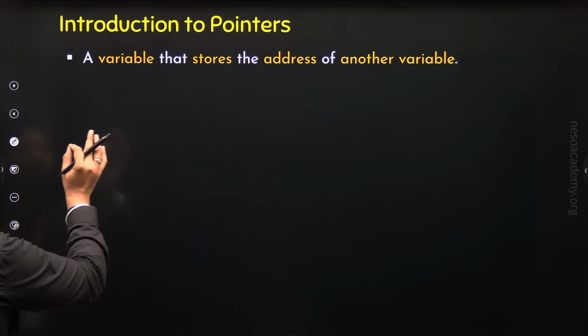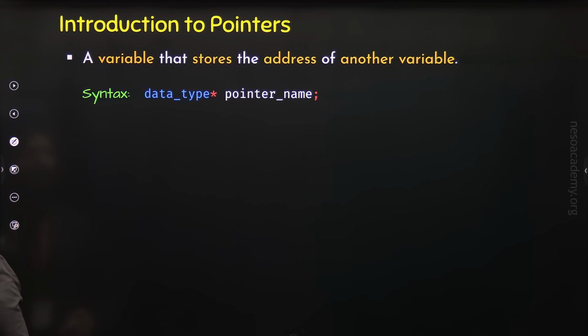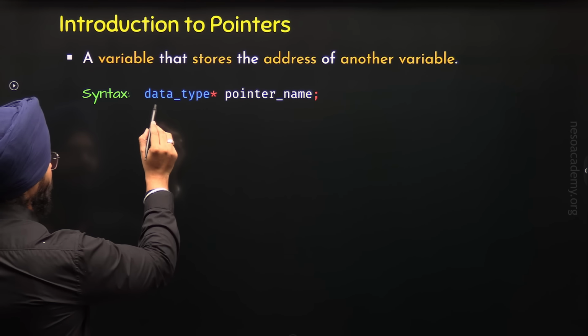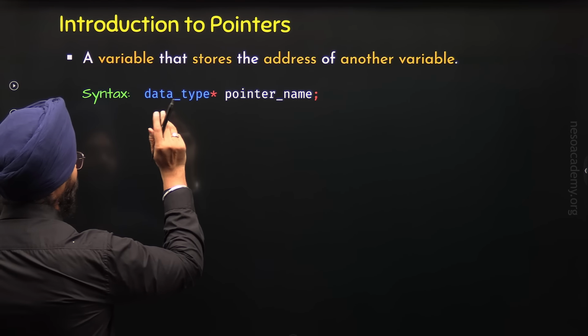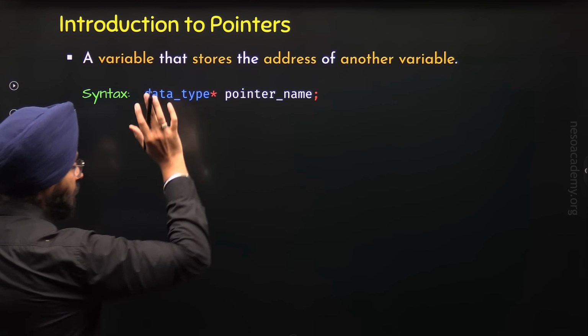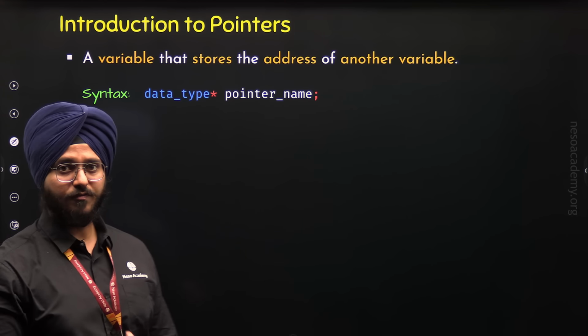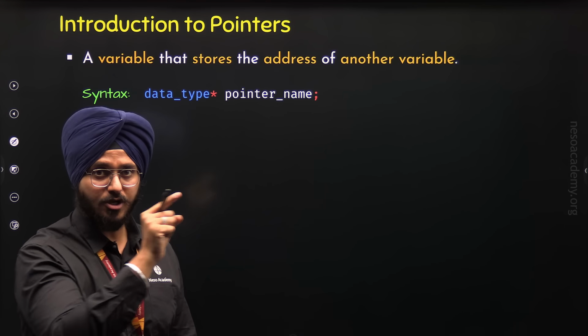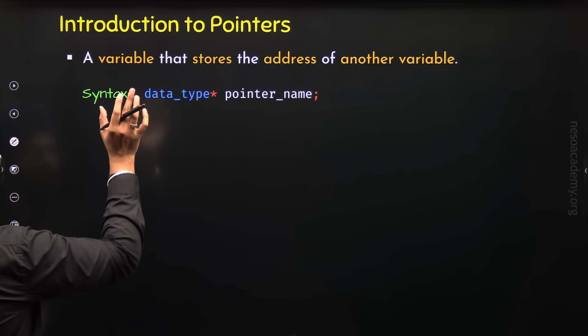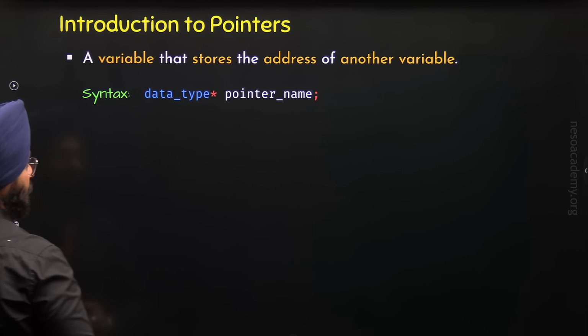Now here is the syntax of the pointer. This is how we can define a pointer. We can first specify the data type of the variable which is pointed by the pointer. So if we want that the pointer should point to a specific variable, then we need to provide the data type of that variable first.